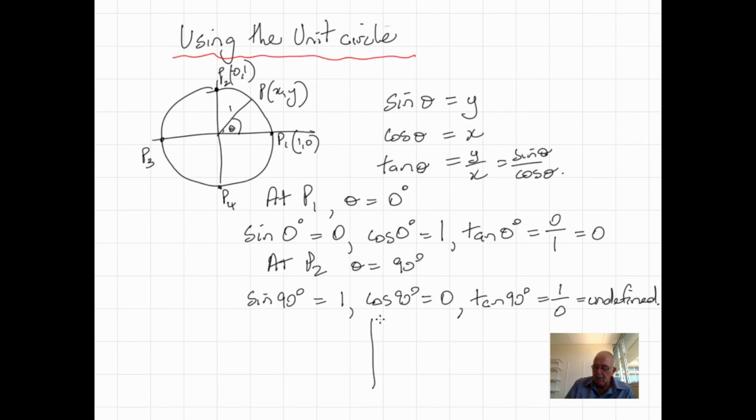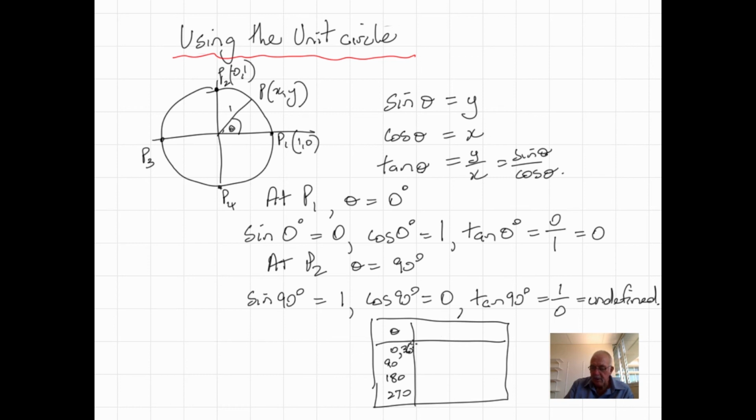So you should be able to, just like we did 30, 60 and 45 before, we've got theta, and we'll have 0, 90, 180, 270. Now 0 degrees is what we call coterminal with 360. One complete revolution is 360.